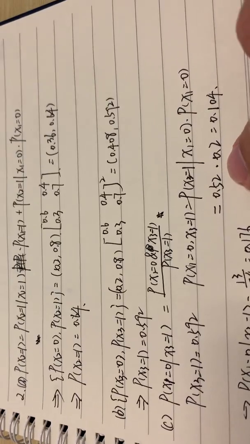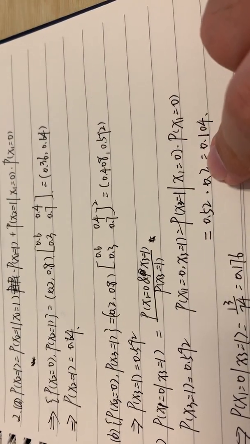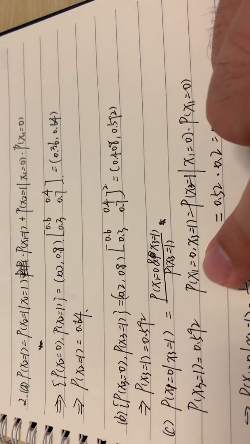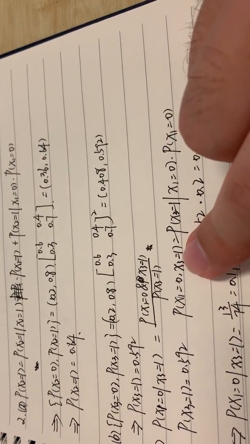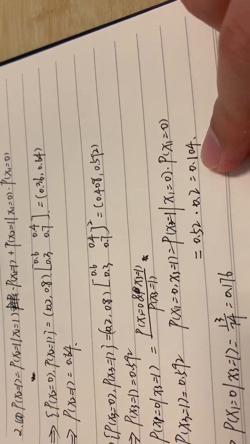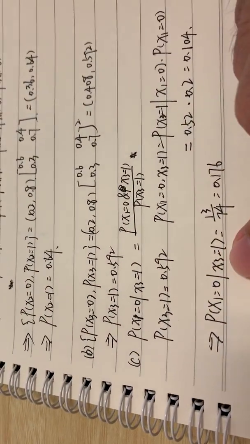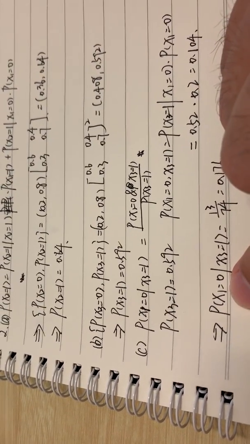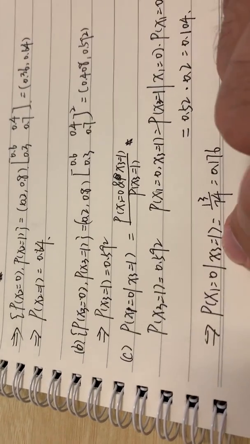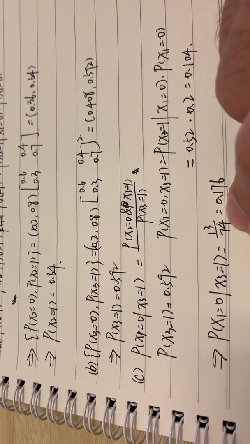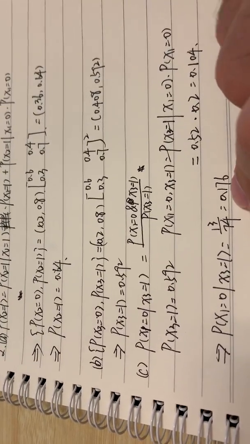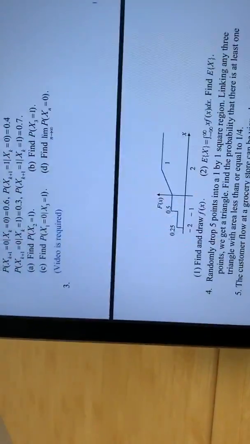And P(x1 equals 0) is 0.2. So P(x1 equals 0 and x3 equals 1) is 0.104. So we write it down. P(x1 equals 0 given x3 equals 1) is 13/74. That's 0.176.